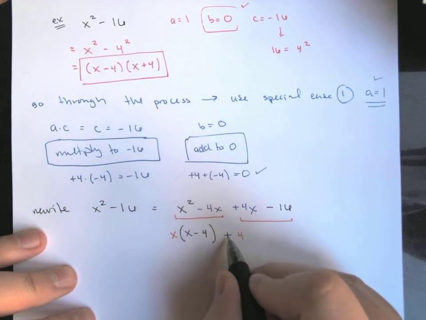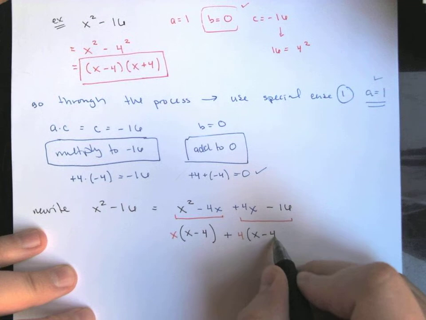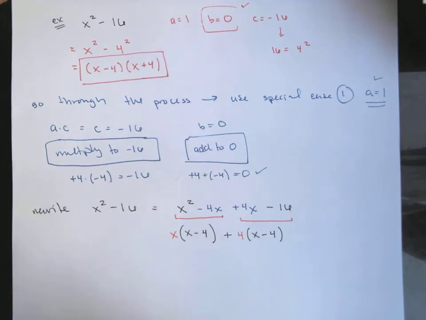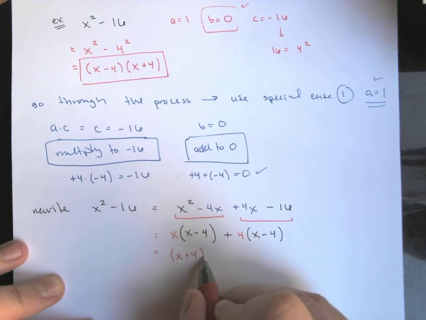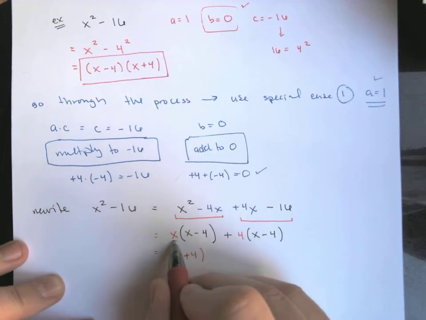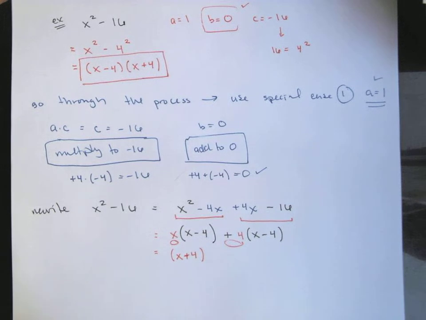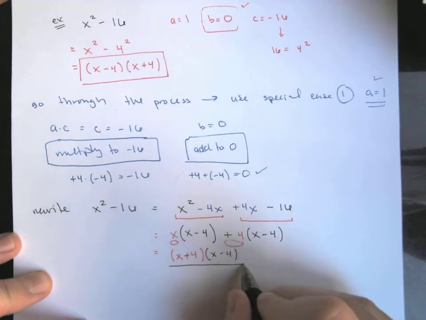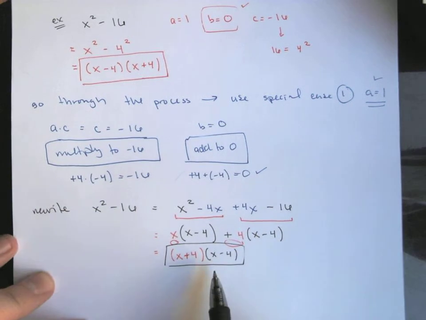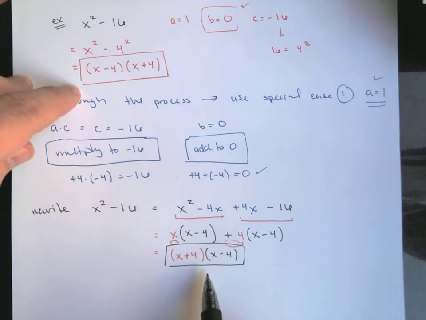If I do this as plus 4, then what's left over is x minus 4 on the inside. And so you can see when I factor it, I get x plus 4 from here, and then I get my x minus 4. Now, that's the same terms in the opposite order as up here. That doesn't particularly matter. These are just multiplied together, so the order that we end up with them is not something we need to be careful about. It's totally fine.